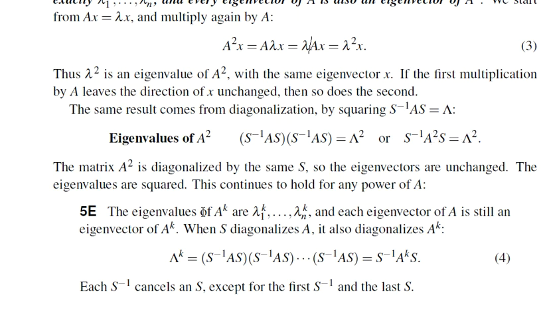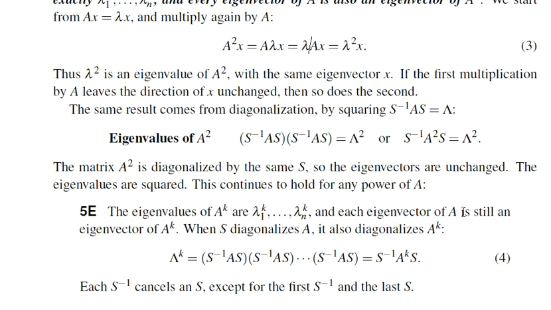Similarly, if we are supposed to find the eigenvalues of A to the power k, then they are lambda 1 to the k, lambda 2 to the k, and so on up to lambda r to the k. So these will be the eigenvalues of A raised to k. Hence it may be A square. If we want the eigenvalues of A cube, then lambda 1 cubed, lambda 2 cubed, and so on.